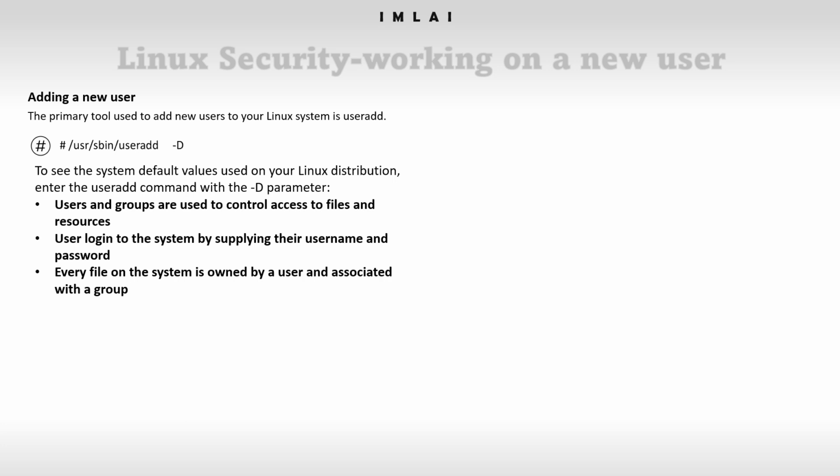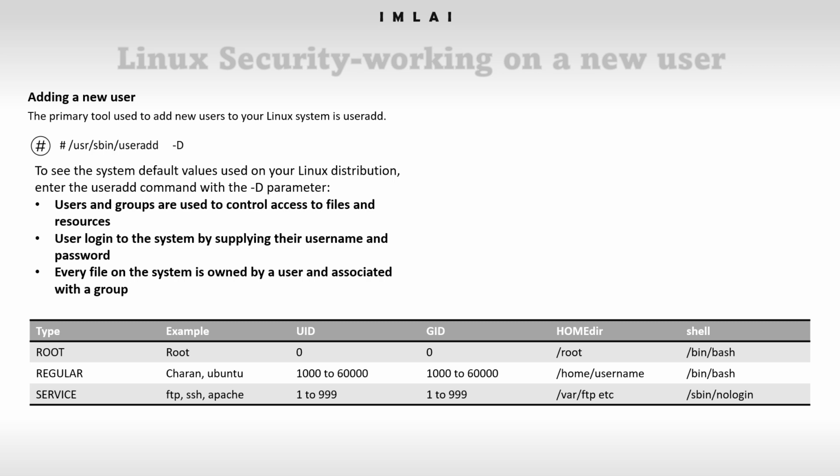Every process has an owner and group affiliation and can only access the resources its owner or group can access. Every user on the system is assigned a unique user ID number, the UID, that you can see on the screen. The username and UID are stored in the /etc/passwd file that we saw a few minutes ago.